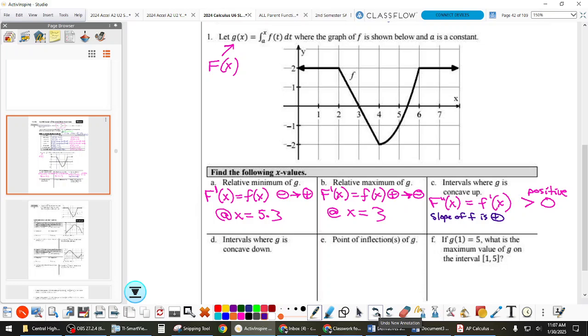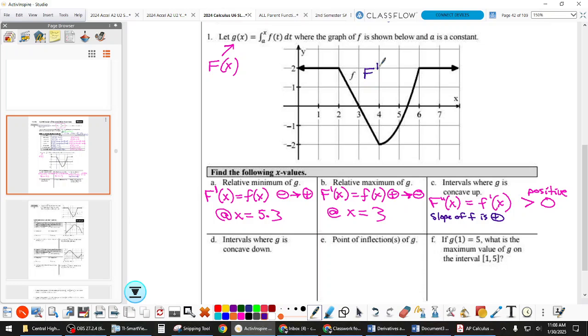So what interval do we have a, remember this f? The little f that's on it, that this graph represents, is what? Big F prime. So we're just looking for the slope. You could almost mark this as F prime, right? If you wanted to change this to where you're not getting mixed up, do that. Right?